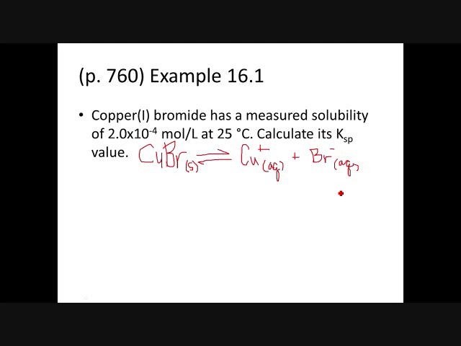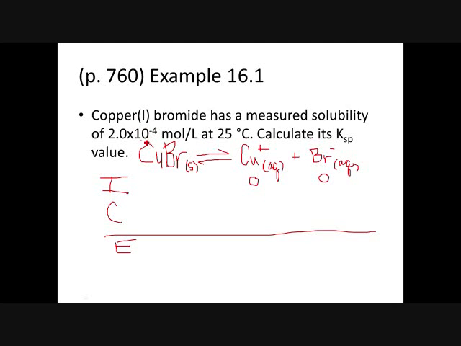Now I'm going to take you through this as if it was an ICE chart all the way through. We have our I, our C, and then our E, the equilibrium. Initially the concentrations of the ions are 0 because it's all in grams of solid.